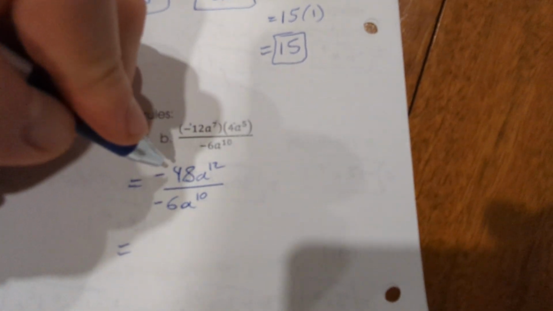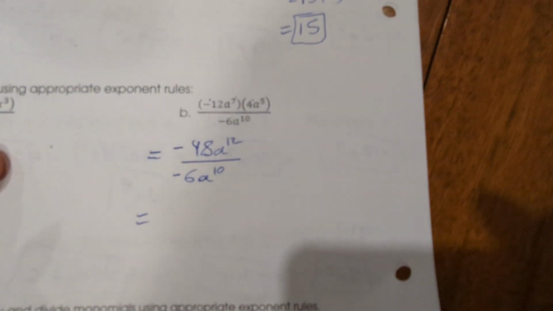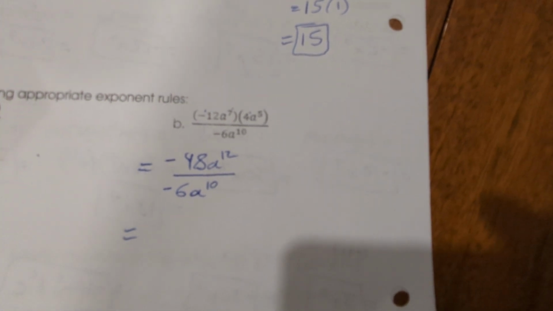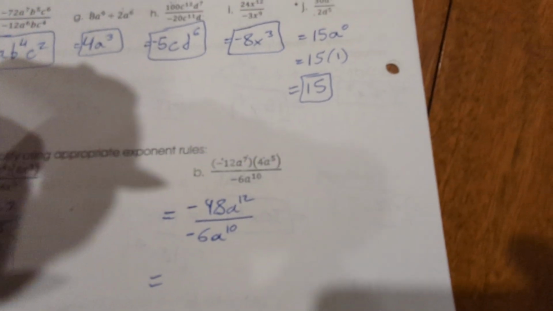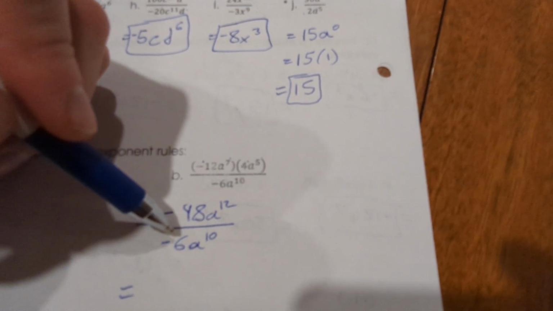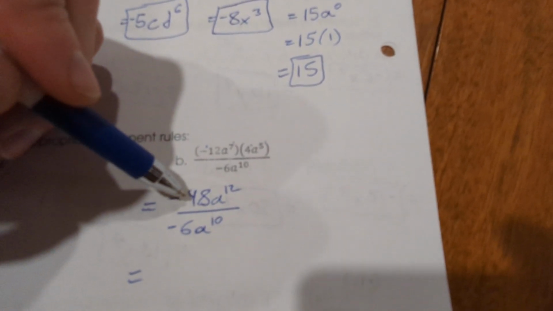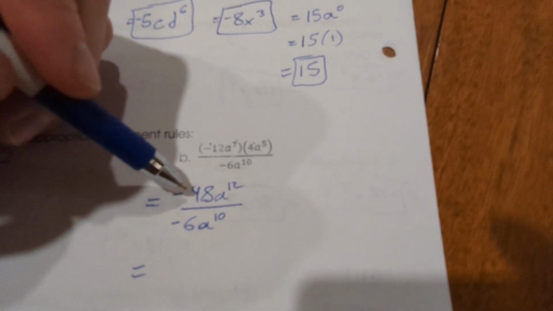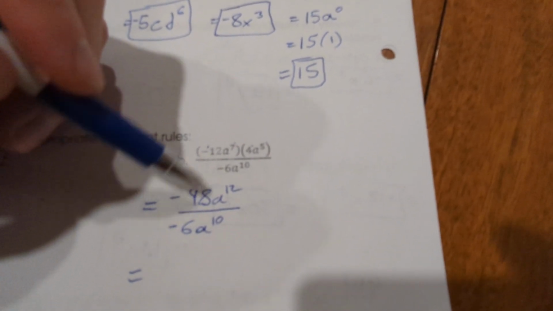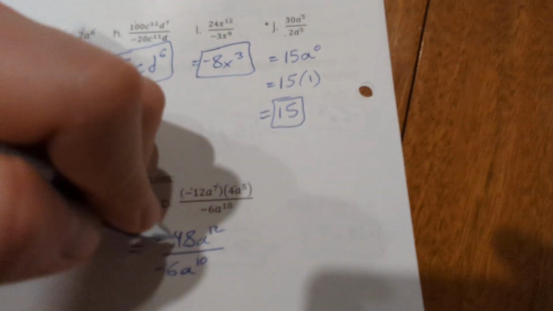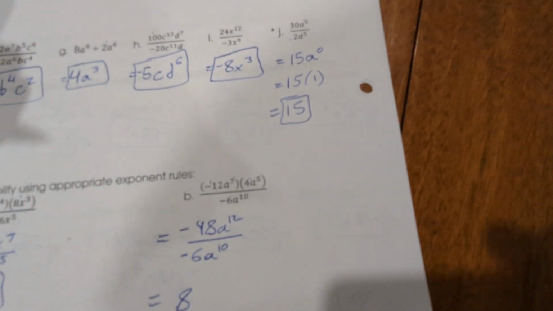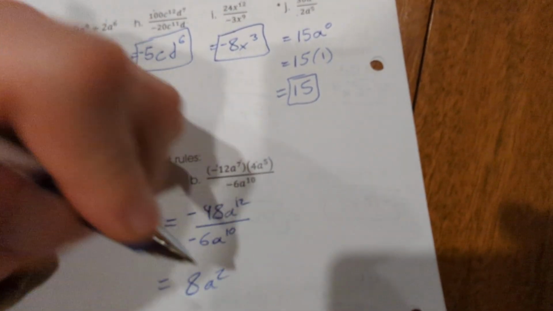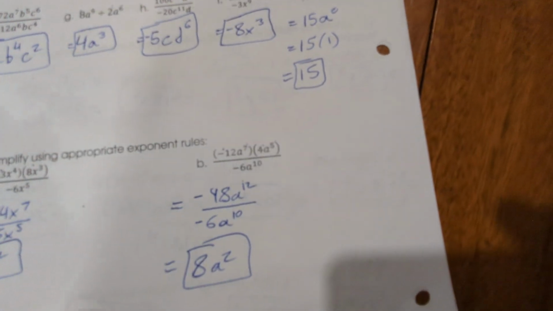And finally, 48 divided by 6. 48 divided by 6 would be, so 36 is 6 times 6, 7 times 6 is 42. So another 6 is 48. So this would be 8 if you divide it. And then we have a, 12 minus 10 is 2. And that is our final answer.